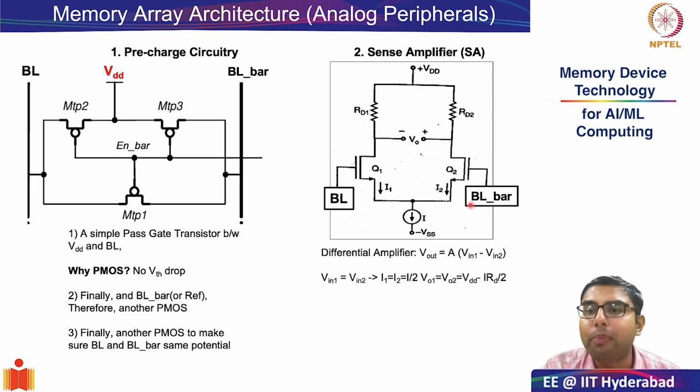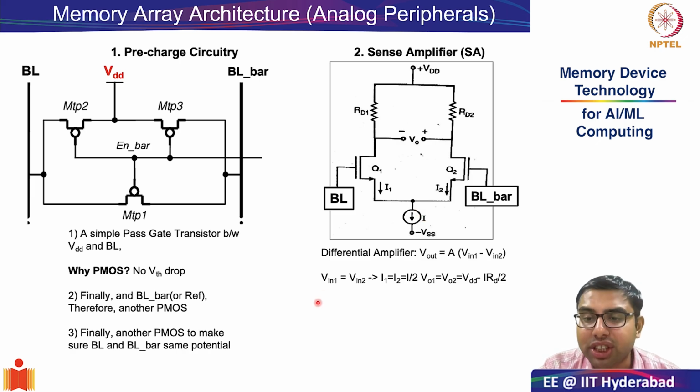So these are two common source amplifiers constructed of transistors Q1 and Q2 with resistors RD1 and RD2. Both have a common VDD and are connected to a common current source.